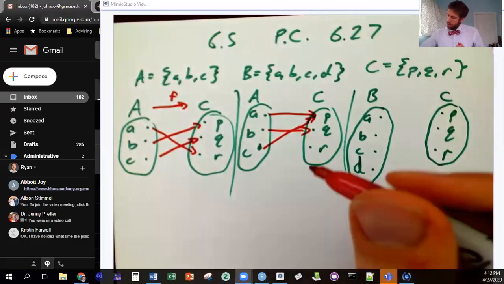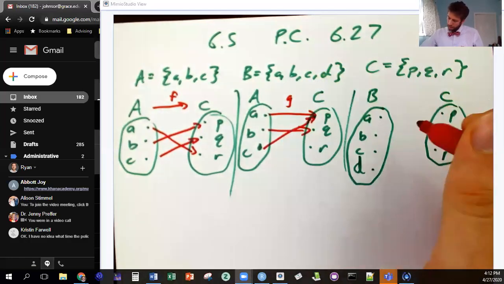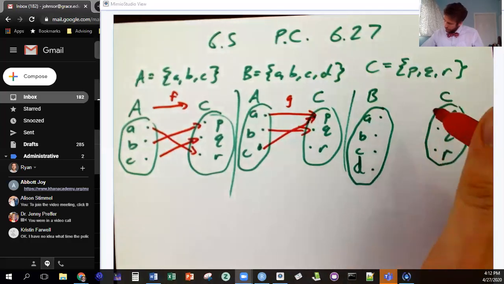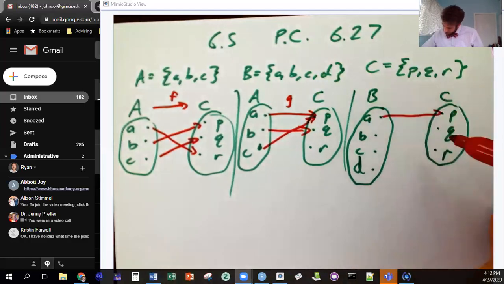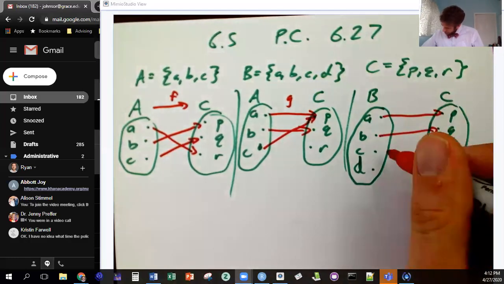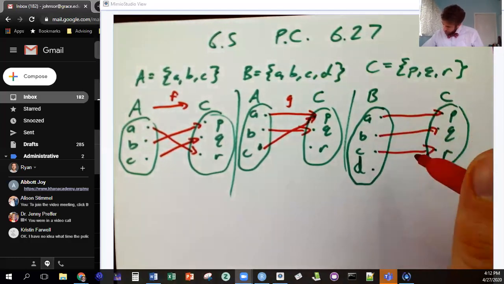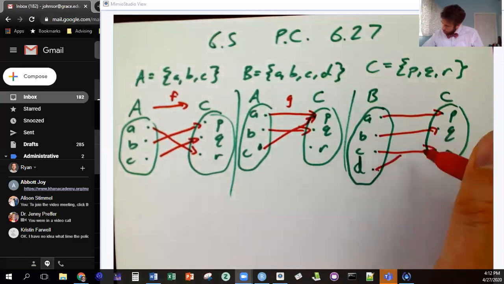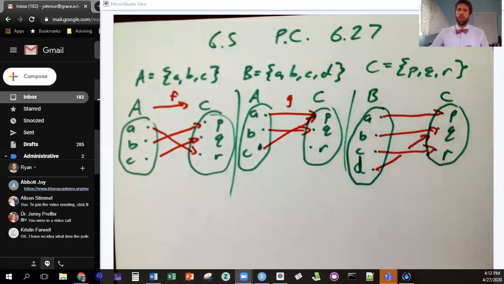This was G. And then H goes a to p, and b to q, and c to r, and d to q. Okay, so there's our arrow diagrams.